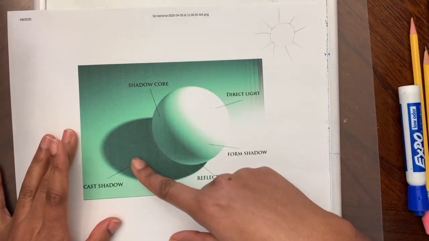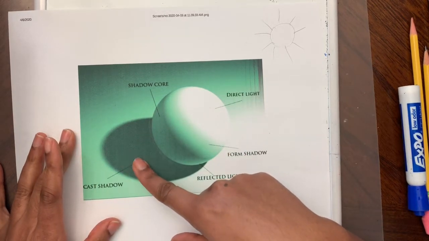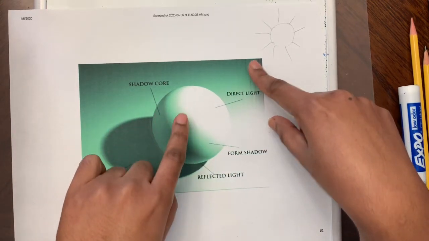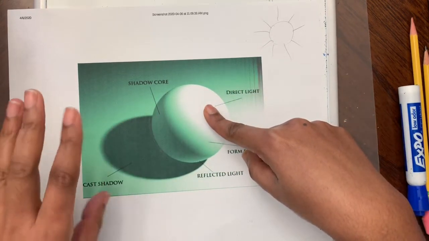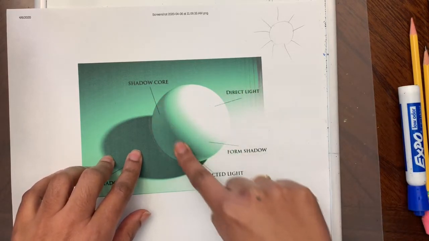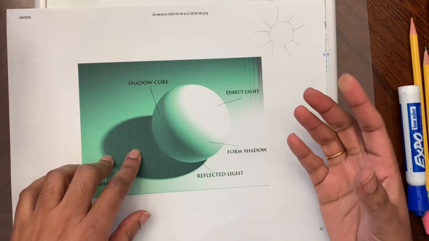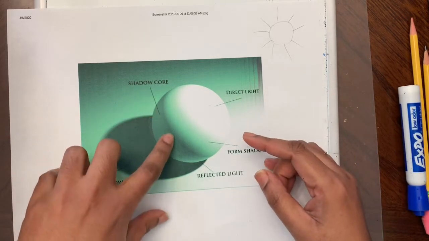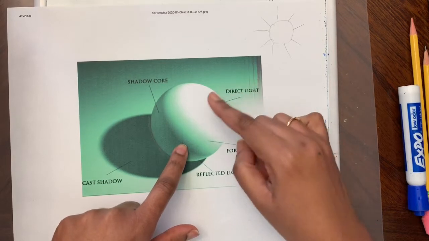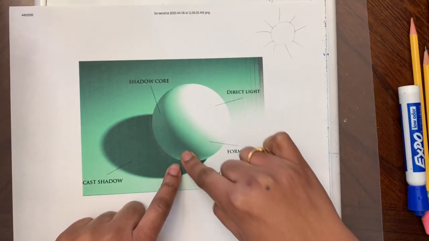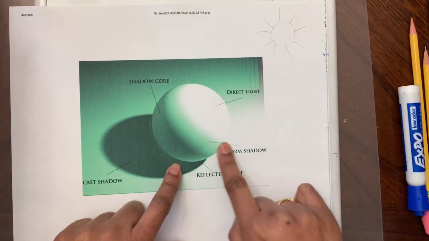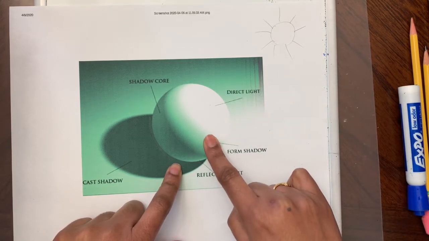That is called the cast shadow. This is light and this is the cast shadow, and over here the shadow on the object. This is called the core shadow, the shadow on the object where you don't see any light.